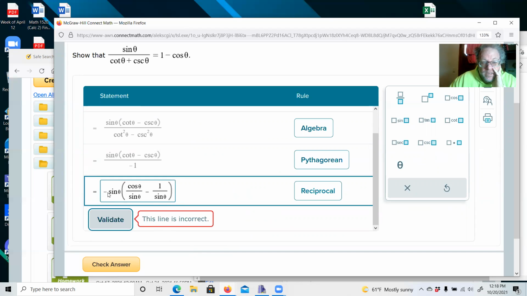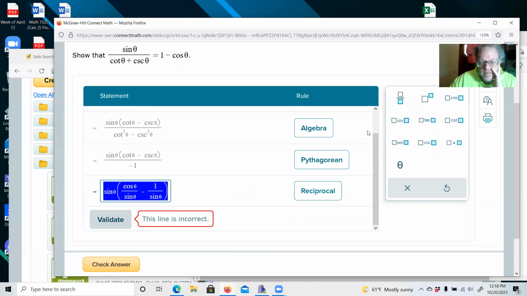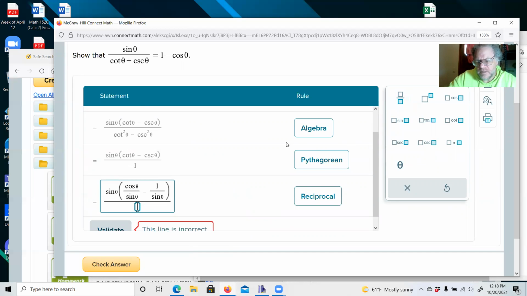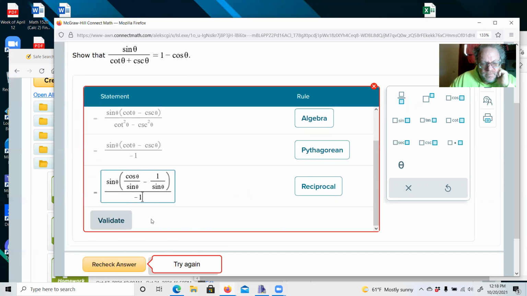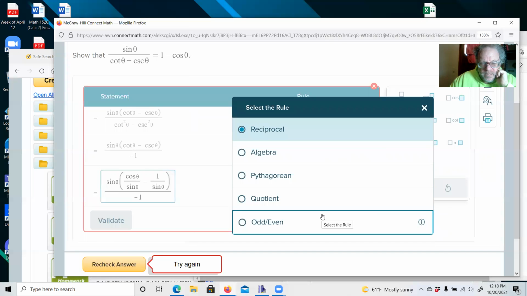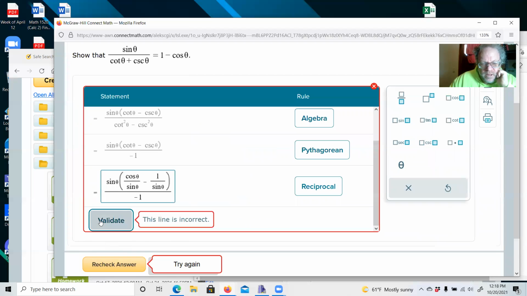Let's see. Let's take the whole thing and make it a fraction, -1. Oh, we wanted reciprocal. We're okay. This line is incorrect.